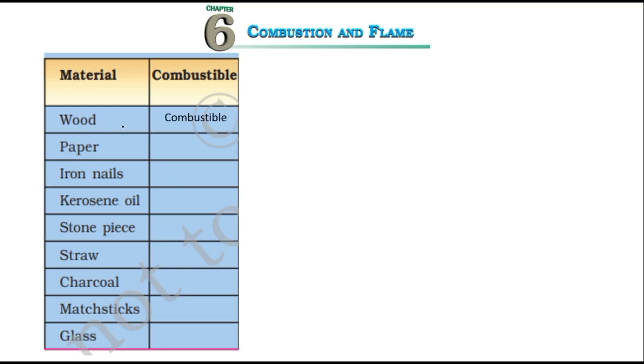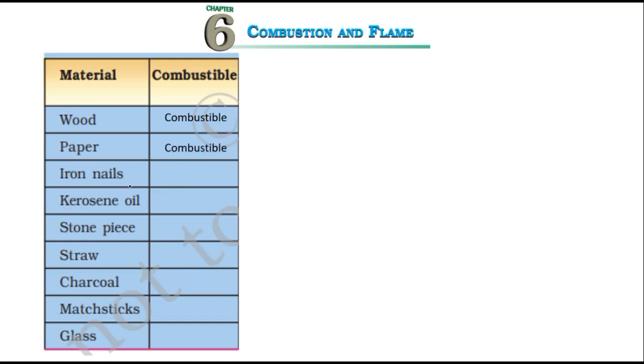We all use wood, okay, to get heat. A paper catches fire and it gives heat. So there is a possibility of combining with oxygen as well as to give heat and light. So this is also combustible.